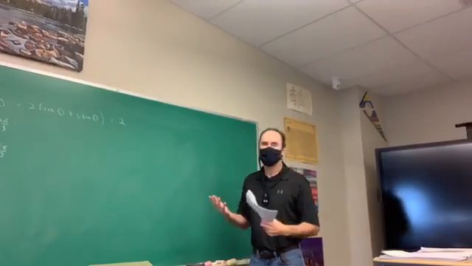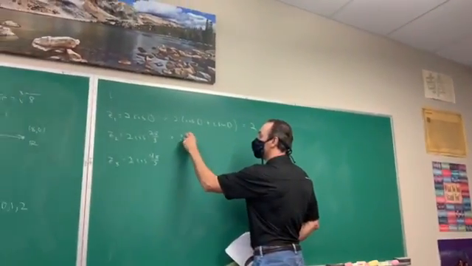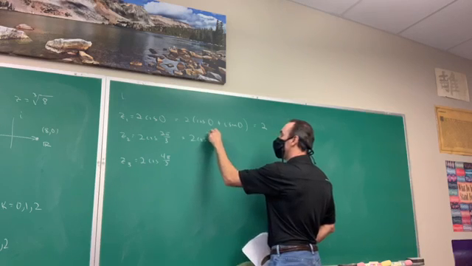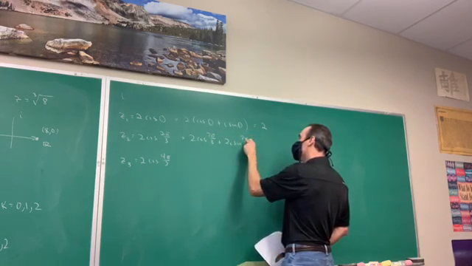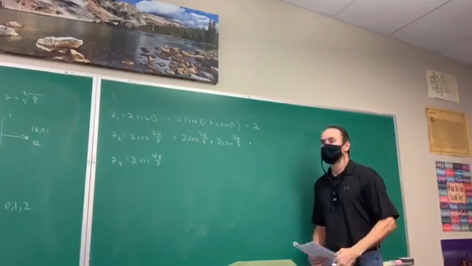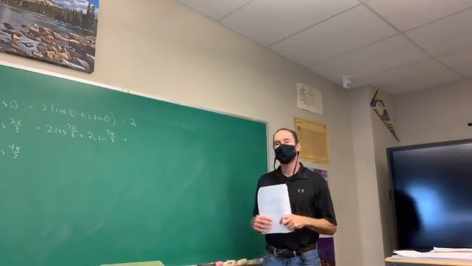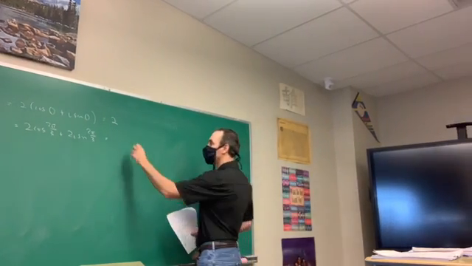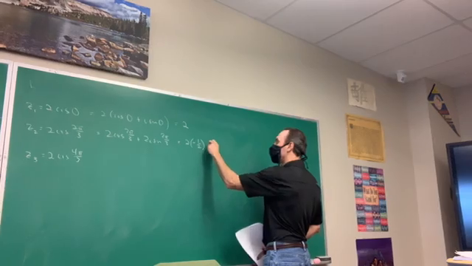Now you know more, so there is more. So now we get 2 cosine of 2 pi over 3 plus 2i sine of 2 pi over 3. So cosine of 2 pi over 3 is going to be, nice, 2 times a negative 1/2.